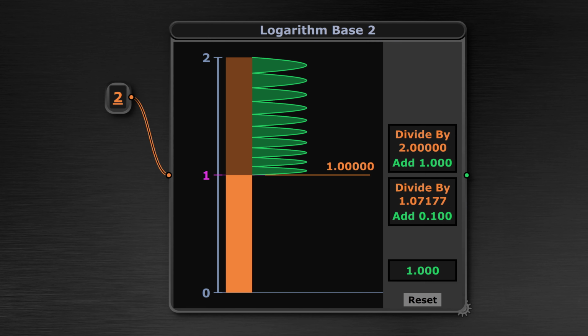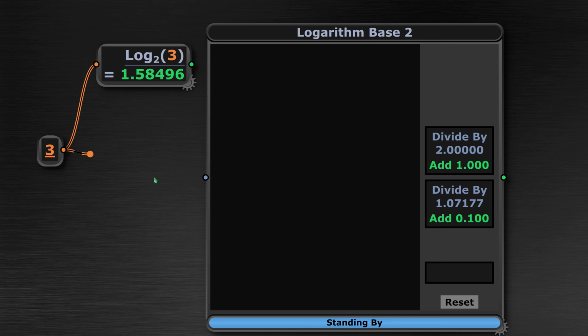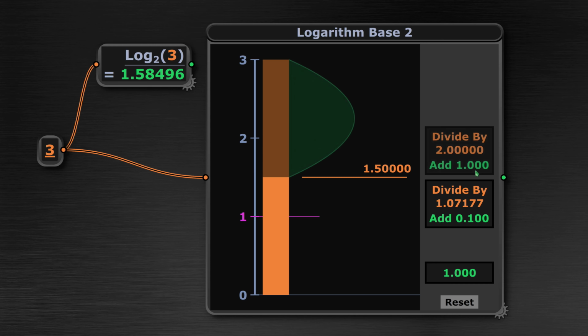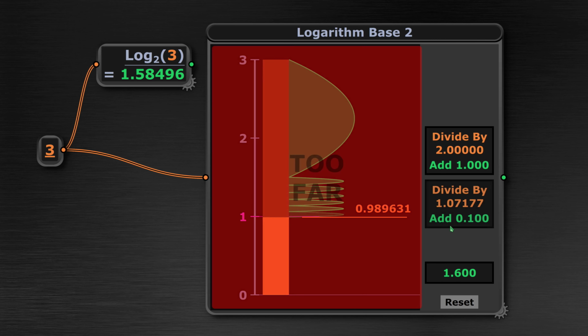Back to the logarithm base 2 of 3. The logarithm base 2 of 3 is 1.584. Why? Well, the 1 here, because you can do a whole division by 2. The 5, because you can do a tenth of a division by 2 5 times, but you can't do a sixth.